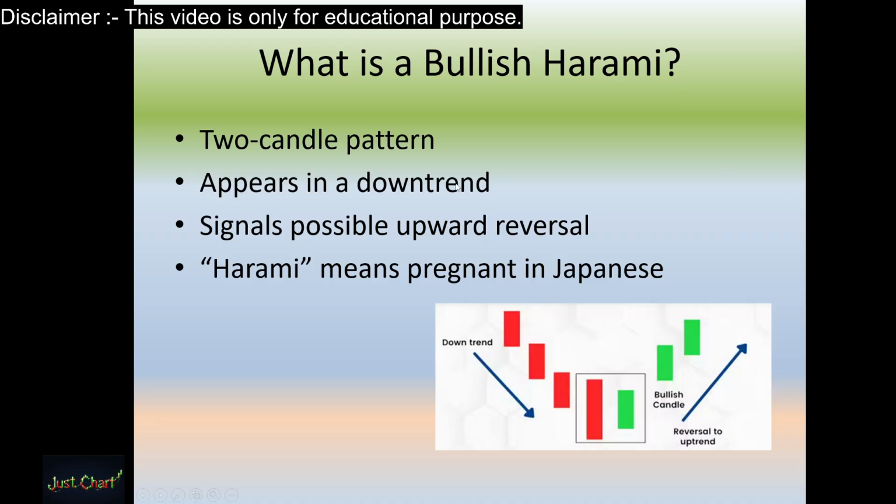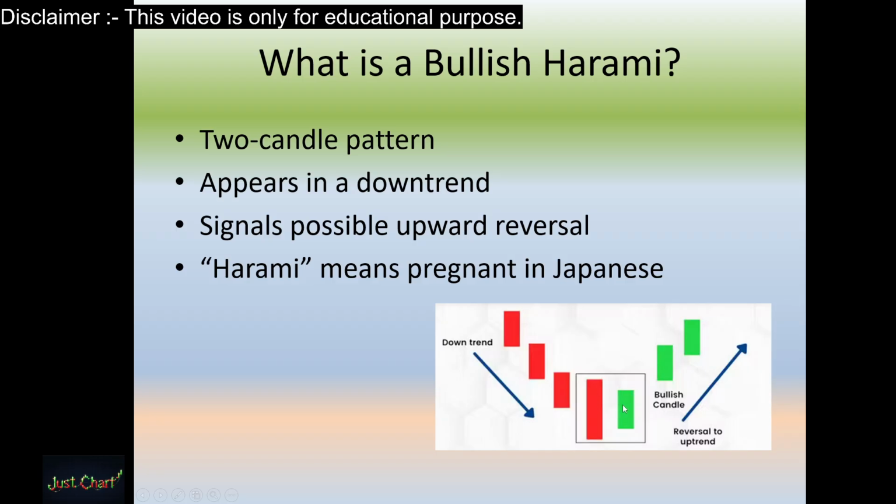So this is a two candle pattern. You see here at the bottom, a bearish downtrend is going on, and at the end there are two candles: one is a bearish candle and the other is a bullish candle.